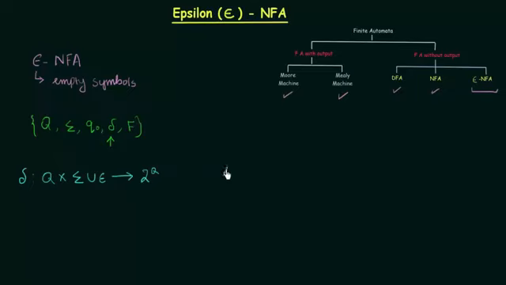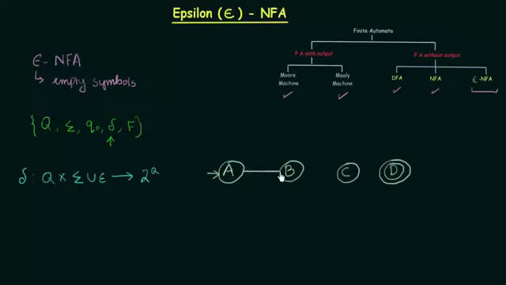So let me draw an epsilon NFA over here. Here A is the starting state, and we have another state B over here, and let's say we have another state C and D here, and D will be my final state.